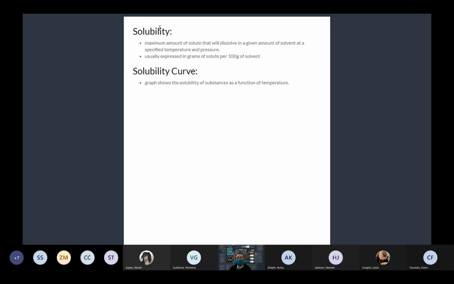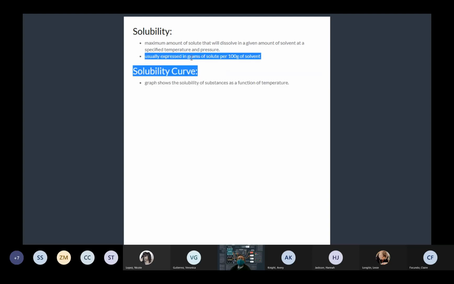Okay, so next thing we want to talk about is solubility, which tells us the maximum amount of solute that will dissolve in a given amount of solvent at a specific temperature and pressure. So solubility changes at different temperatures and pressures, which is why we have solubility curves.